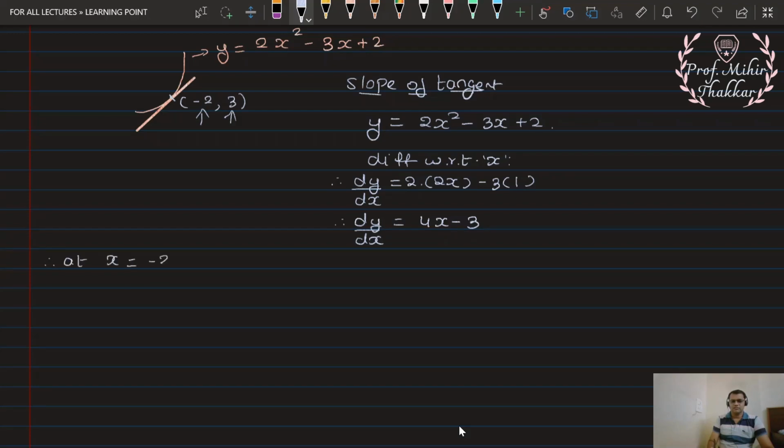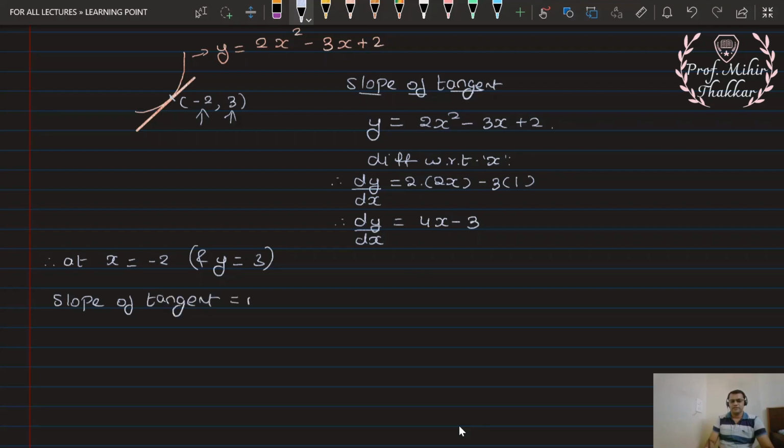Now I can say that at x is equal to minus 2 and y is equal to 3. It is not necessary to write this. We just have to substitute the x value, so it's okay if you write this or not. So suppose I consider x is equal to minus 2, I will get the slope of tangent.